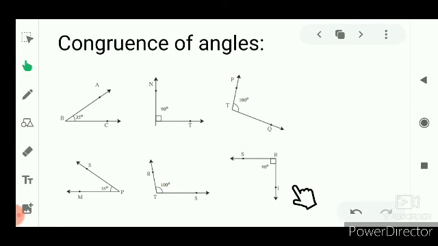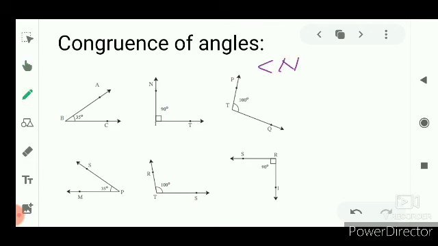We have to find out which angles are congruent. Here angle SRI is 90 degrees, angle NIT is also 90 degrees. It means that angle NIT is congruent to angle SRI.